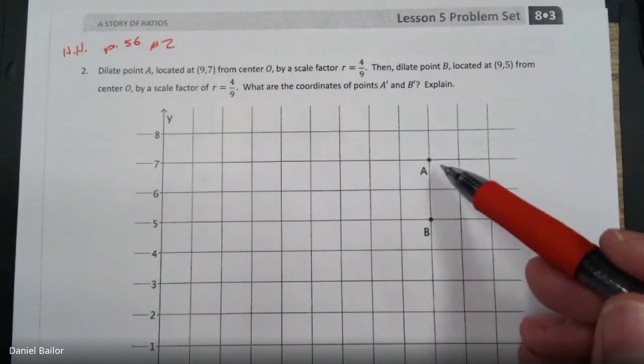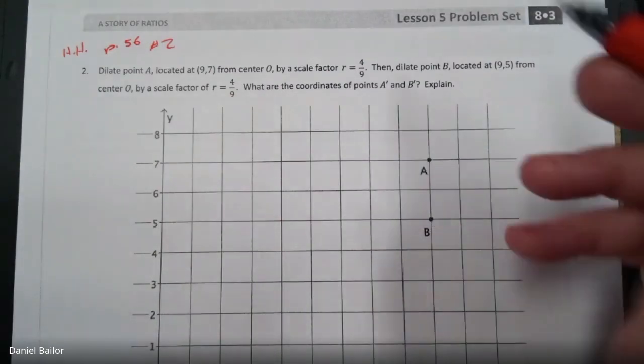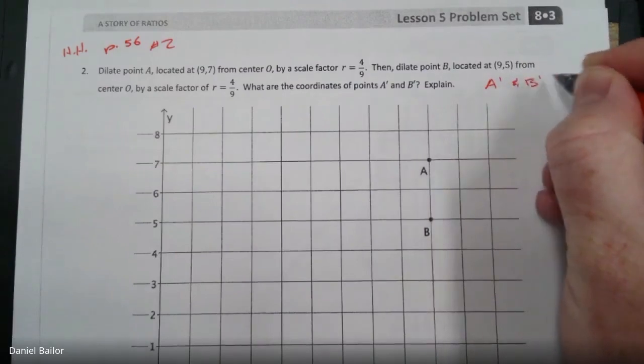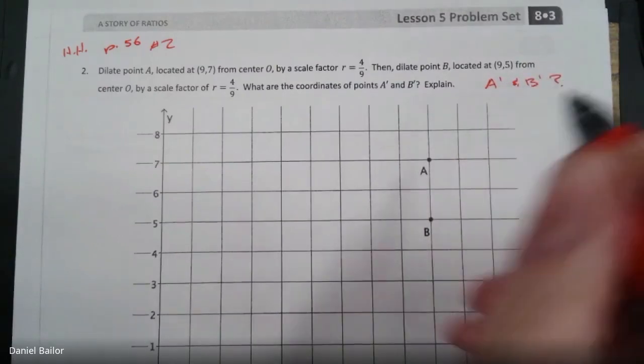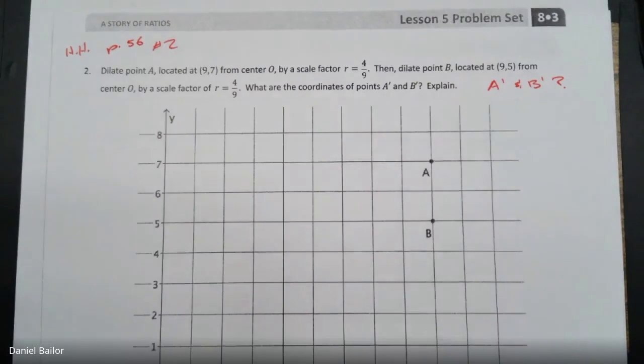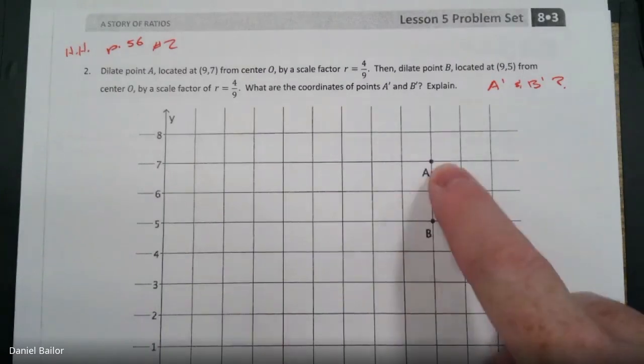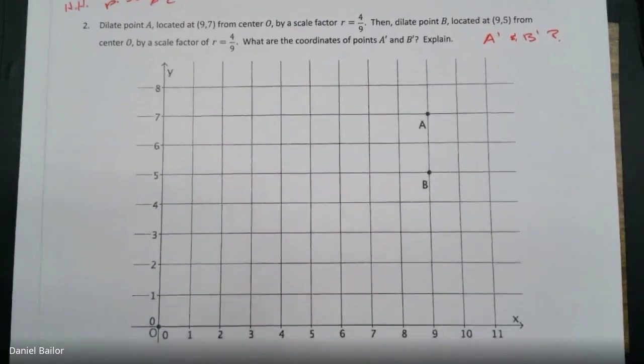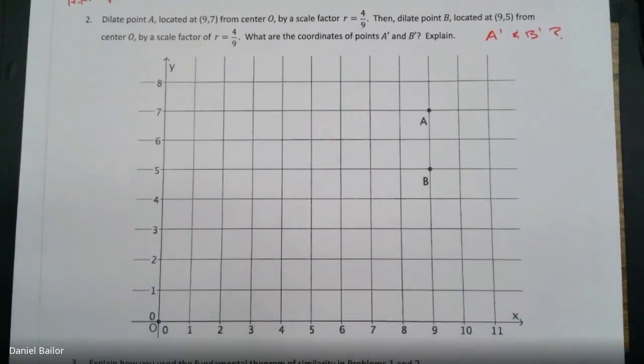So where are A prime and B prime? Again, I would recommend not using the diagonal. Do not use the diagonal. Turn this into a triangle and use the legs. That's what I would try to do.